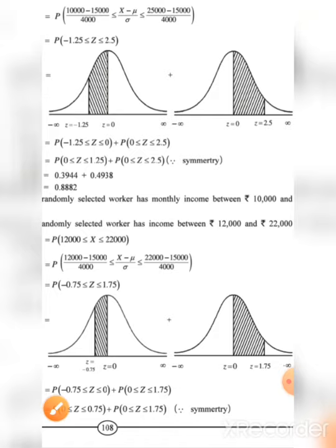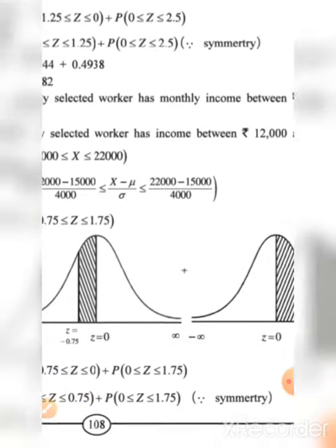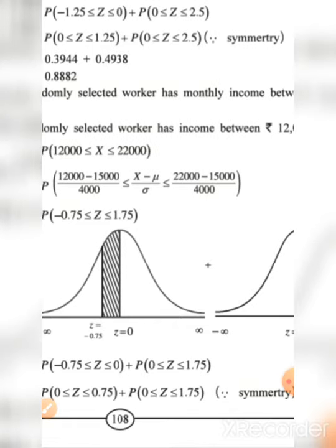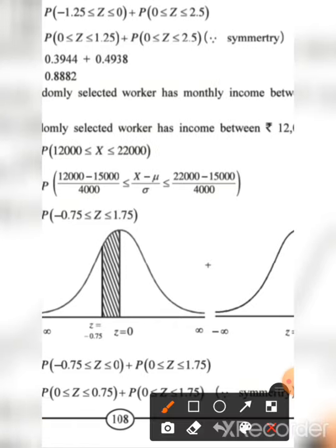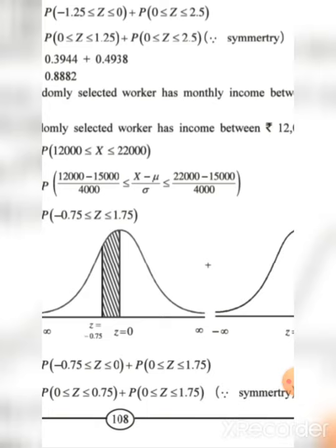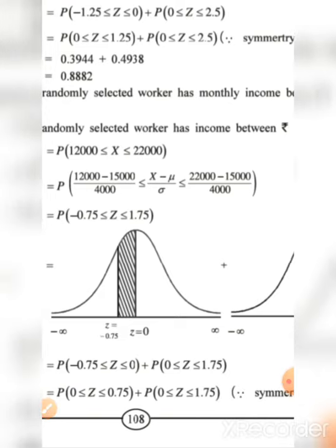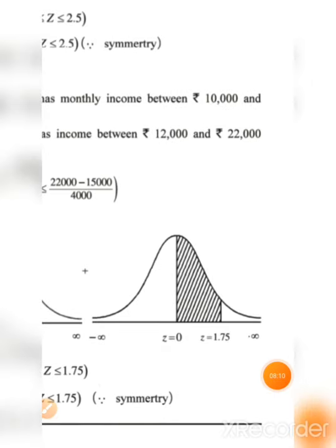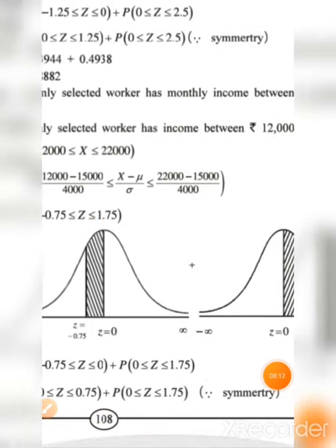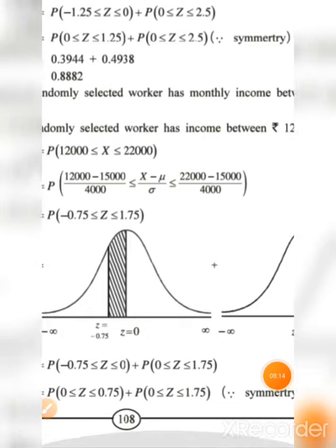Just let me zoom it for you. See over here, P of minus 0.75 ≤ z ≤ 0 plus, from 0 to 1.75, P of 0 ≤ z ≤ 1.75.